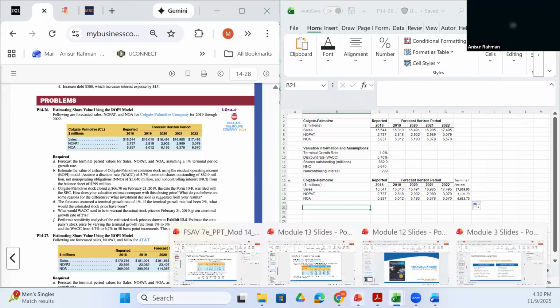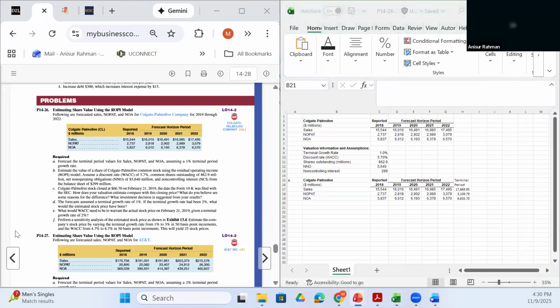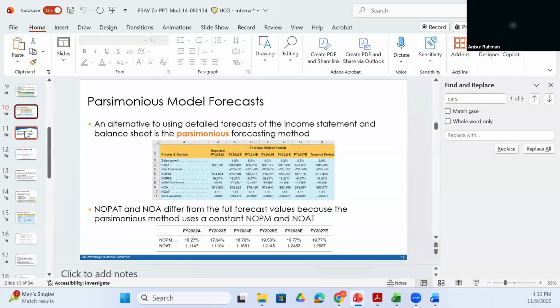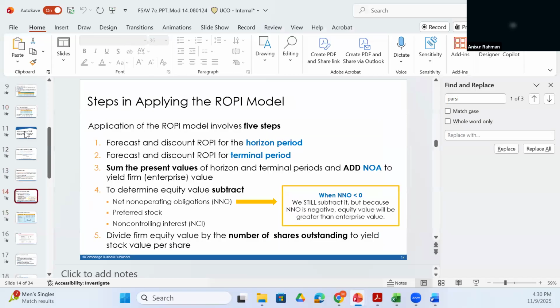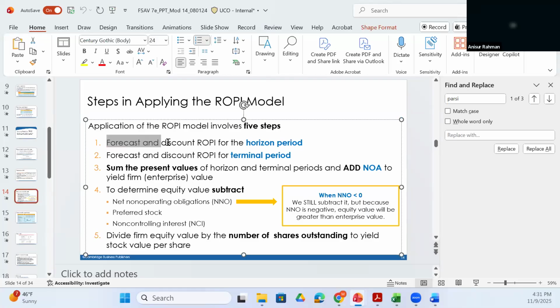Okay, so as per the ROPI, residual operating income model, you have to follow these steps. First, we have to forecast and then discount. Discount basically just means you have to calculate the present value of future cash flows.